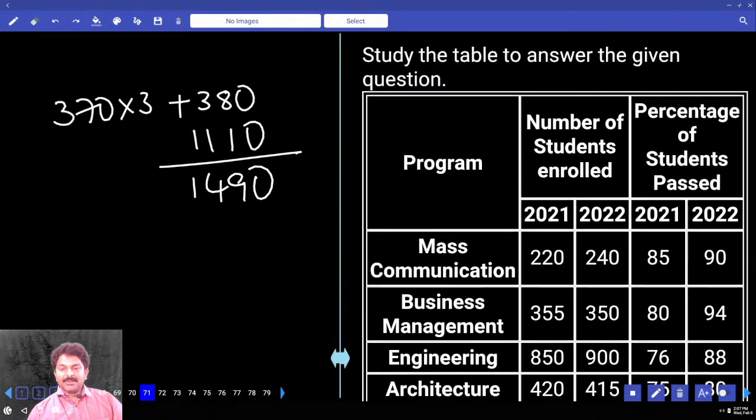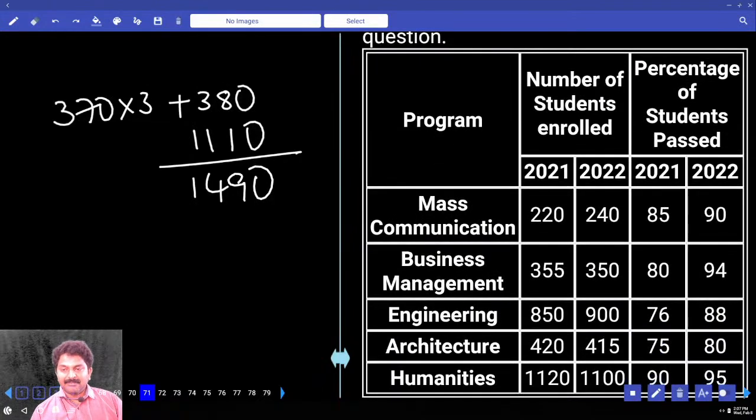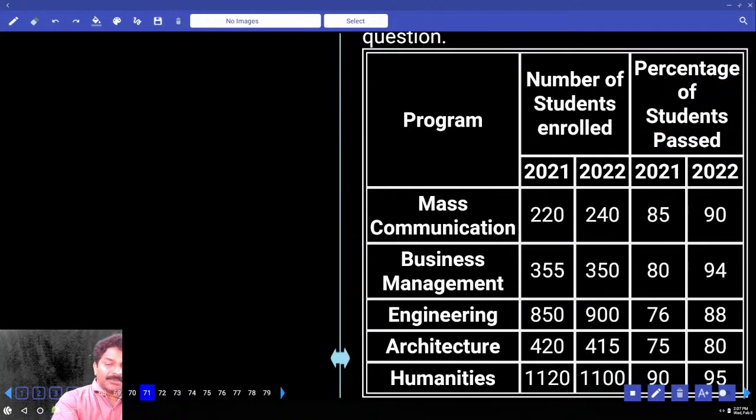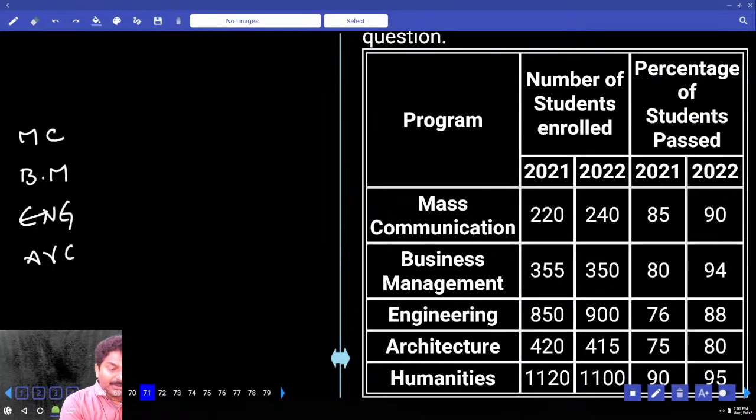Right. So now we have a table which shows the number of students enrolled in 2 years, 2021 and 2022. Also the percentage of students who passed in the respective programs. We have mass communication, business management, engineering, architecture and then humanities.